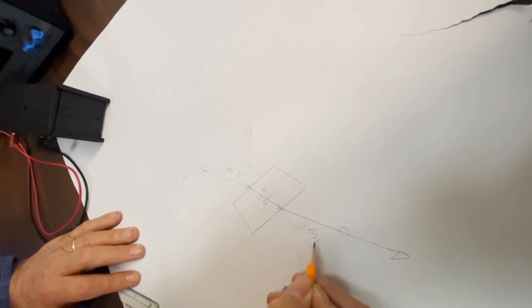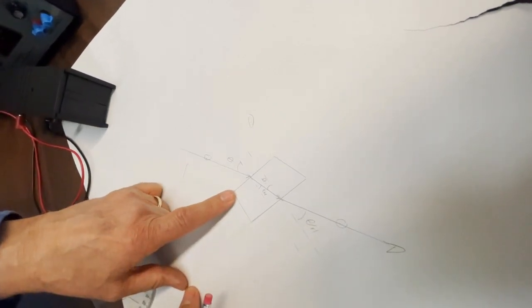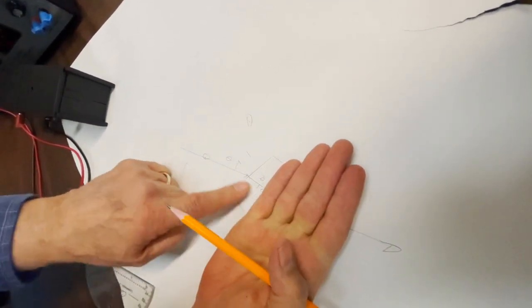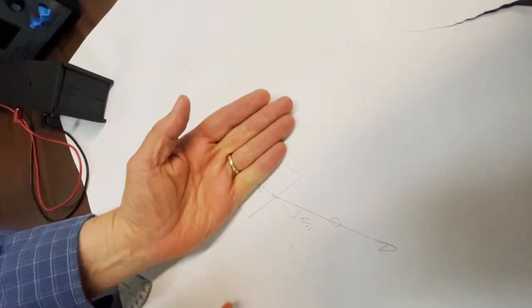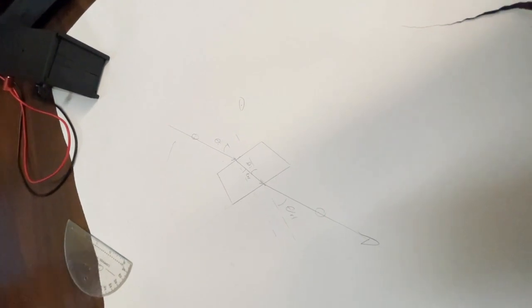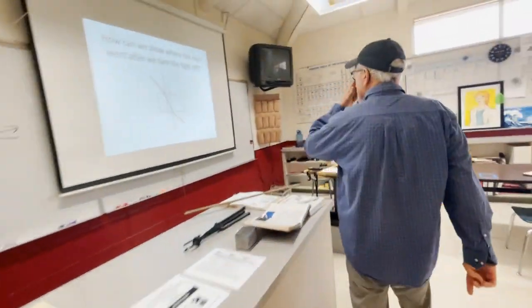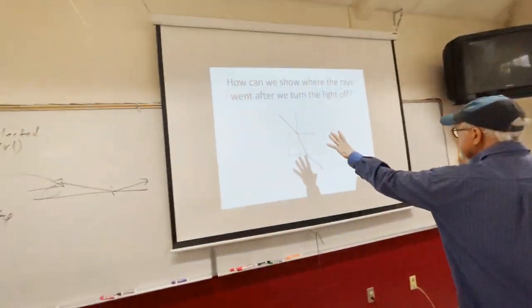Now, anytime bending takes place at the boundary, so you got this boundary, you got this set of things. You got this boundary, you got this set of things. Okay? So let's take a moment and go back over here. So now we've shown where the light rays go after we turn off the light, and we get something that looks like this.